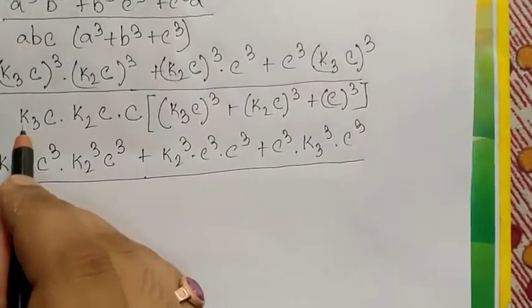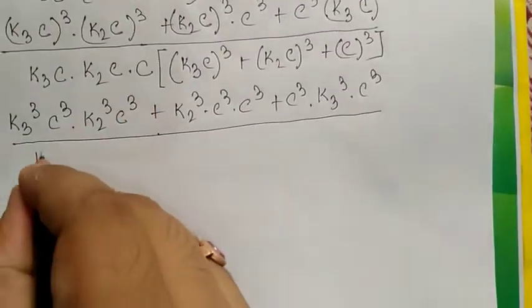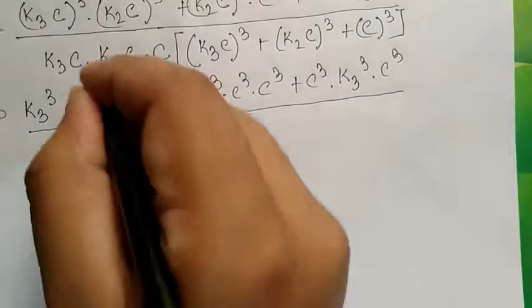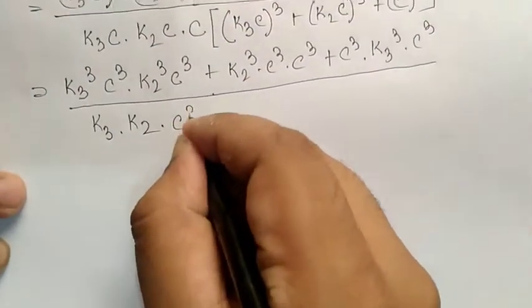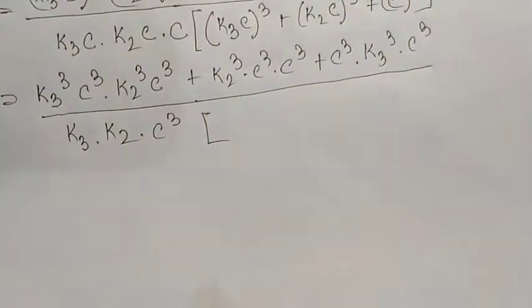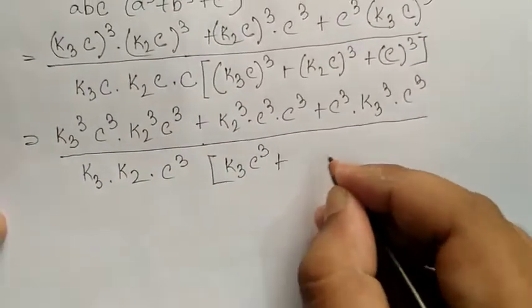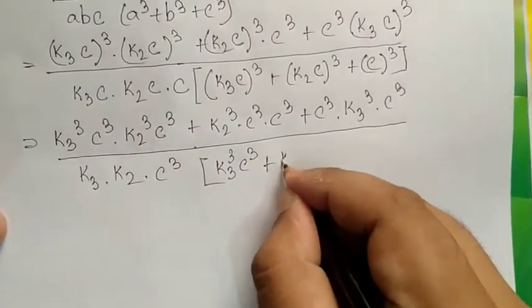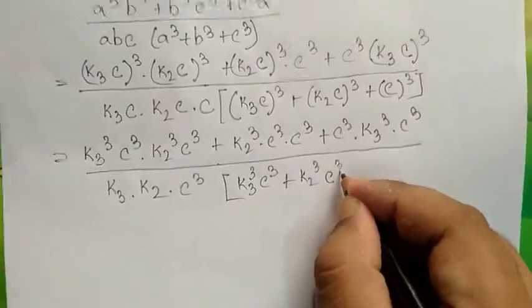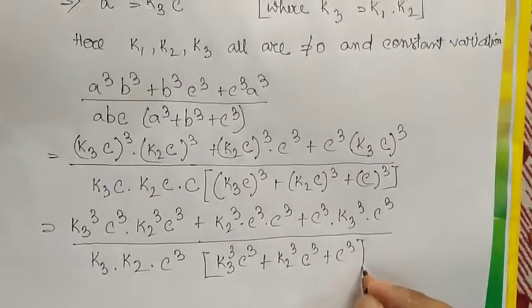And here K3 into K2 into C into C into C, therefore C cube, into K3 cube C cube plus K2 cube C cube plus C cube.